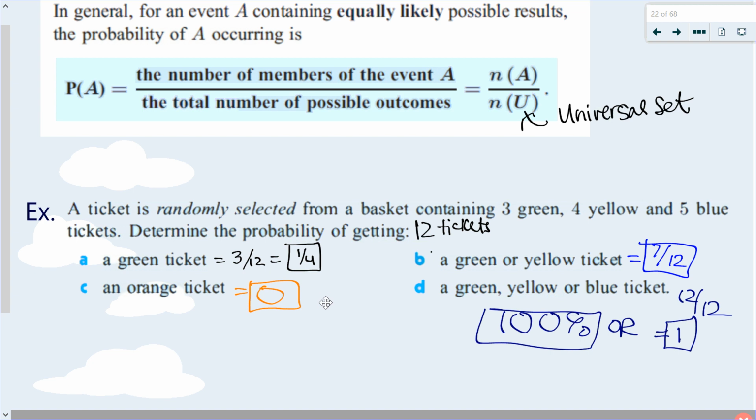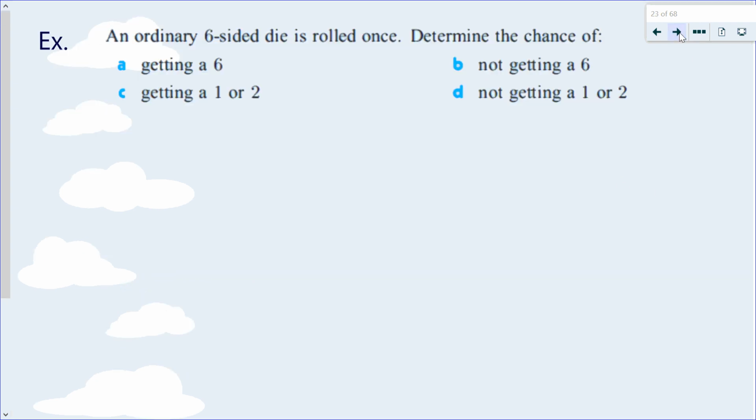Now, one way to consider probability if there's a lot more possibilities than this is considering what is called the complement. So the complement we're going to talk about when we talk about B and D. So let's take a look at rolling 1 die. So die is just the singular of dice.